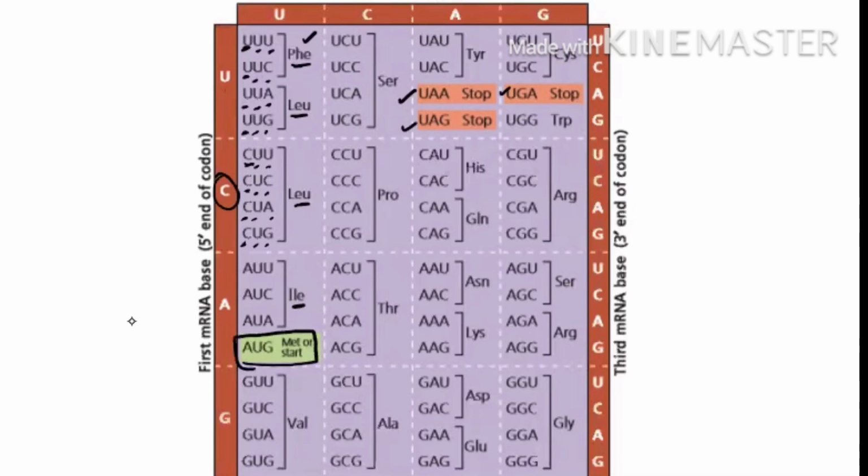So this is how the entire deciphering of the 64 combinations, as George Gamow suggested, was done, and they found that 61 codons code for amino acids, and only 3 codons work as stop codons. They don't code for any amino acid.